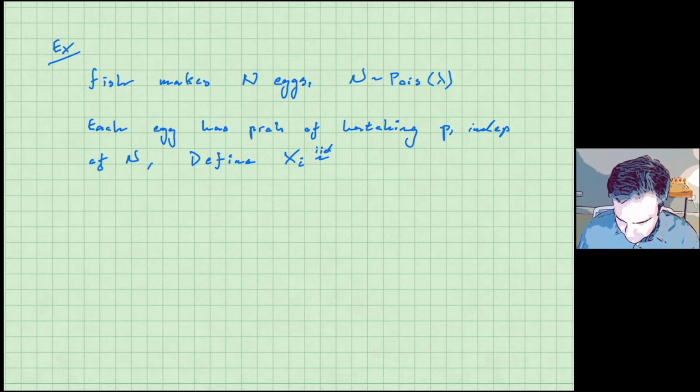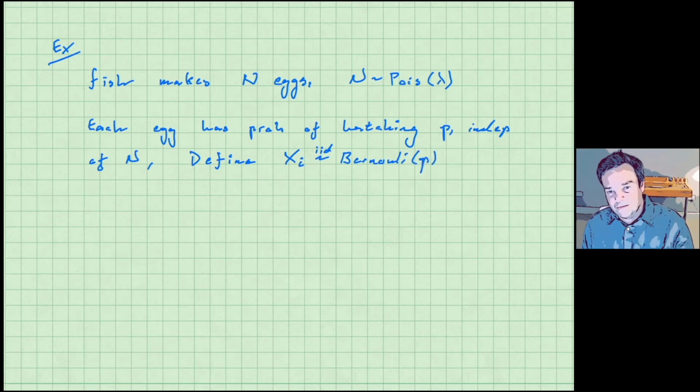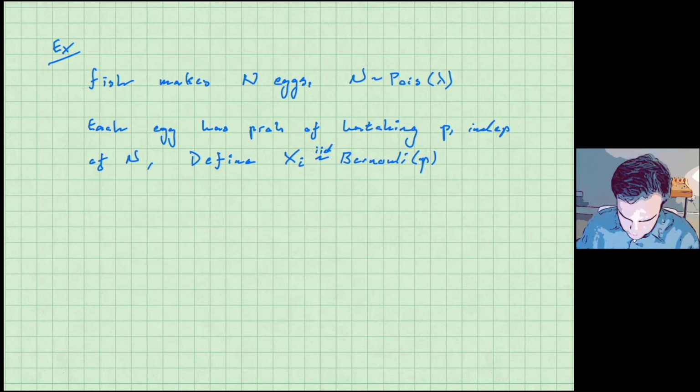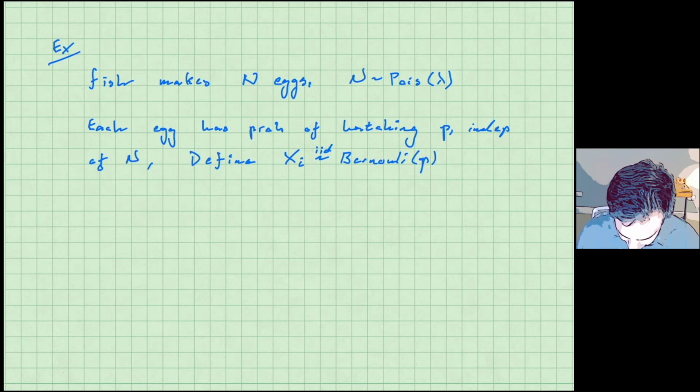I think that's how you do it in your earlier modules. Bernoulli distributed with probability p. Right, so these xi's are either 0 or 1. 1 is like a success, a hatch, and 0 is not. And so we'll say it's a fail.